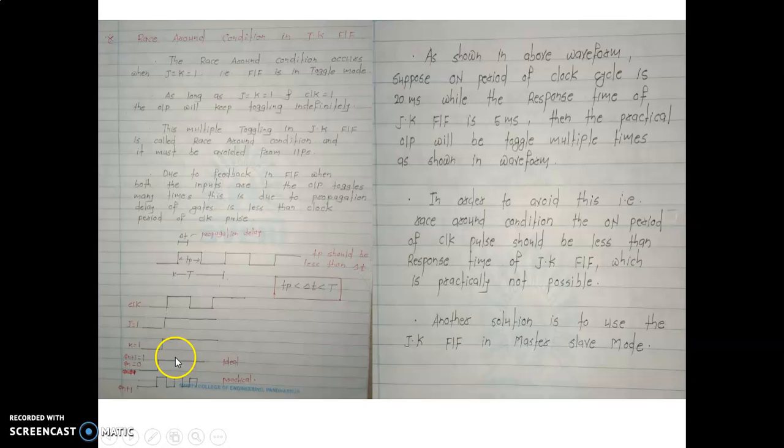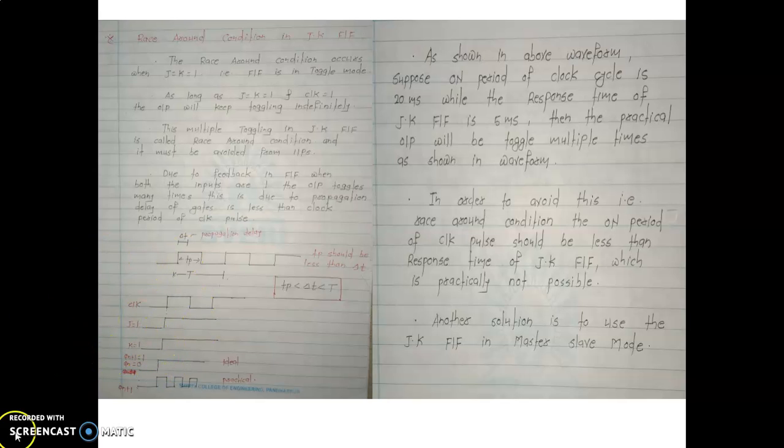In this case we also expect that the output of the JK flip-flop will follow the continuous clock pulse. But as the clock pulse is too long, the next state of the JK flip-flop keeps continuously changing.